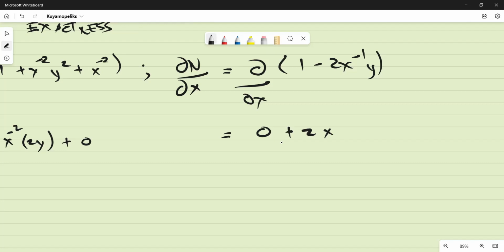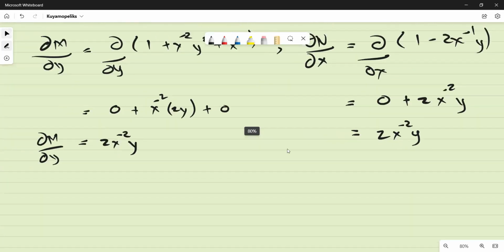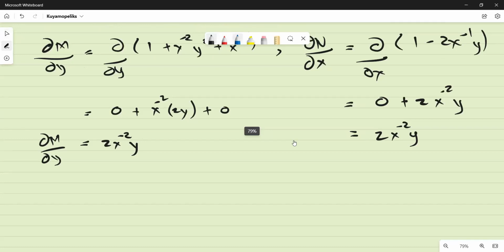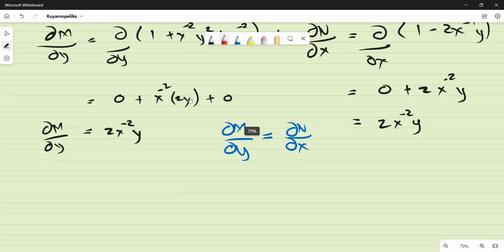Negative 1 minus 1 is negative 2. Then y stays as is since it is constant. Simplifying, that is 2x raised to negative 2 y. Upon checking, our partial of M with respect to y is now equal to partial of N with respect to x. They are equal, so we can proceed to our solution for exact equations.